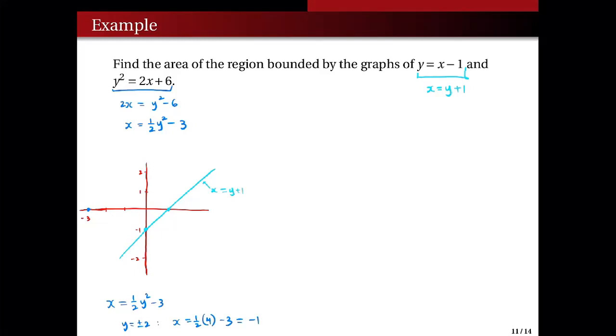Anyway, the graph of the parabola will be something like this.